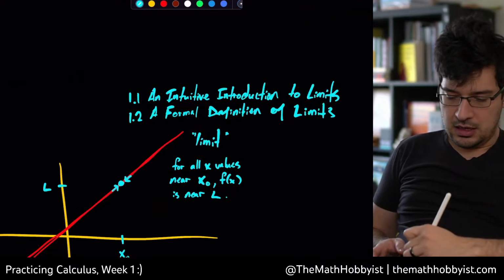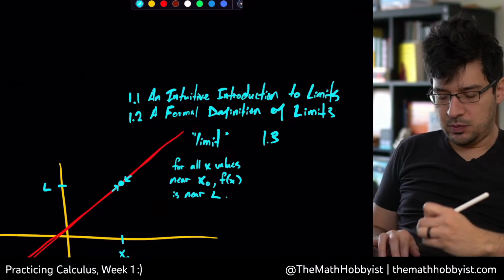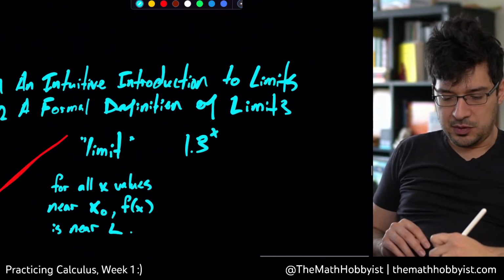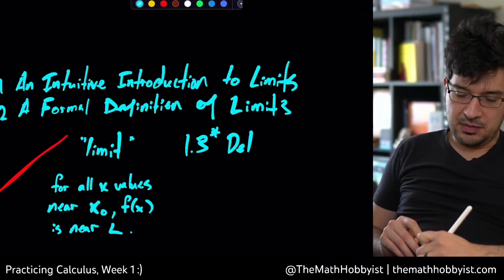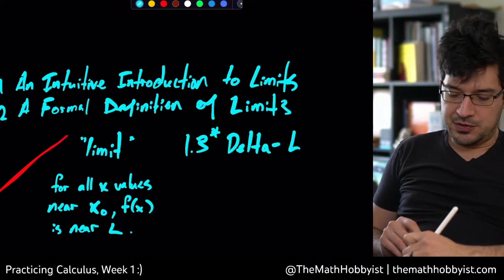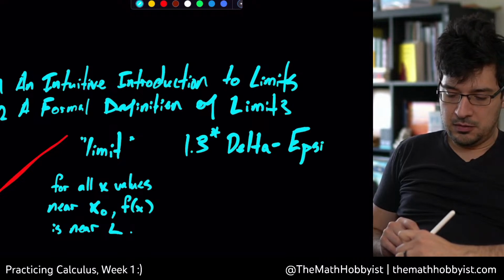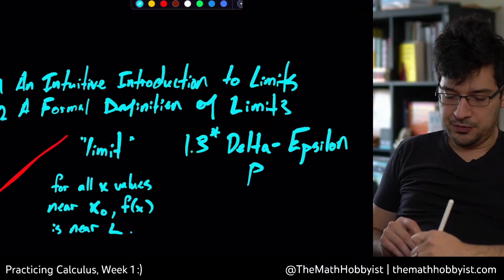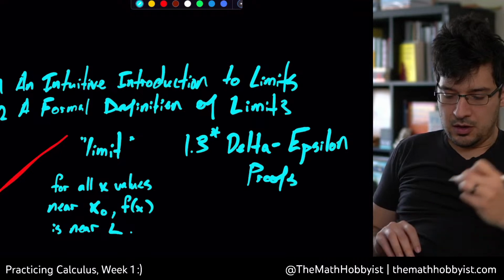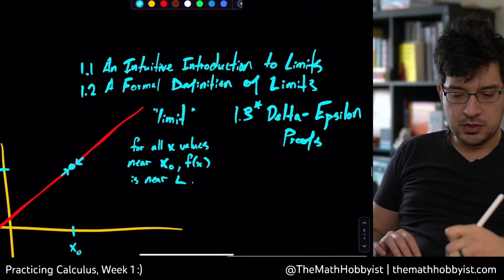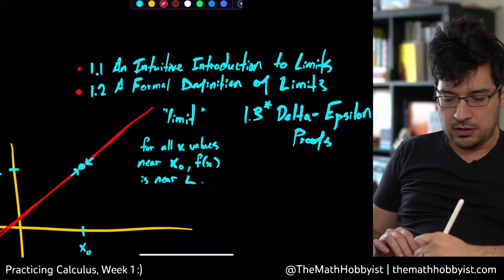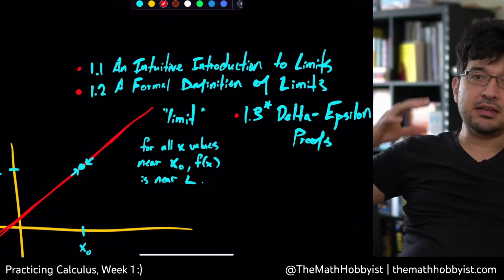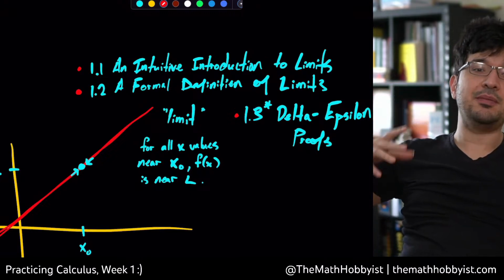And then you can see in the table of contents 1.3, it's another one of those starred hard sections, and it's called something like delta epsilon proofs. Okay, so today I am going to try to touch on all three of these different definitions of a limit.